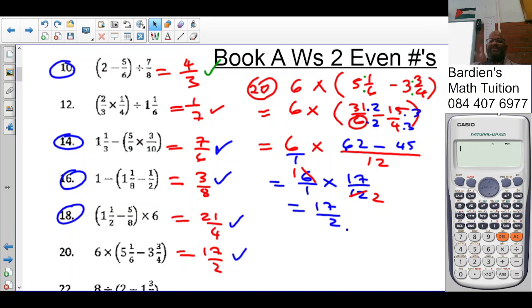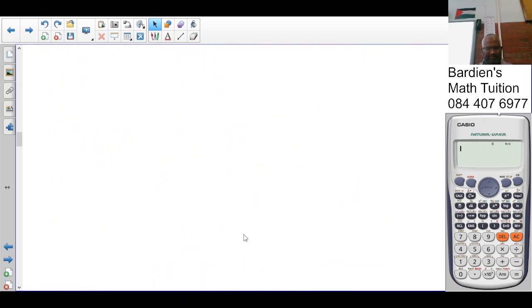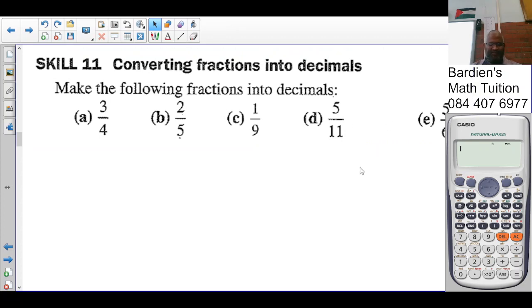This is what I'm interested in now, before the bell rings, okay? Skill 11, and this is on page 55.